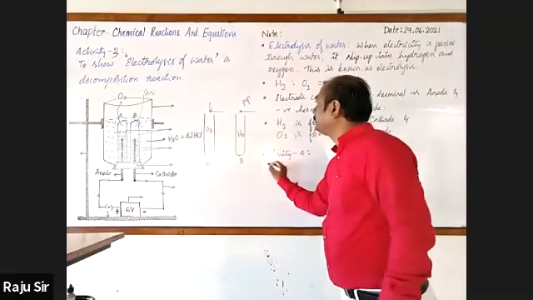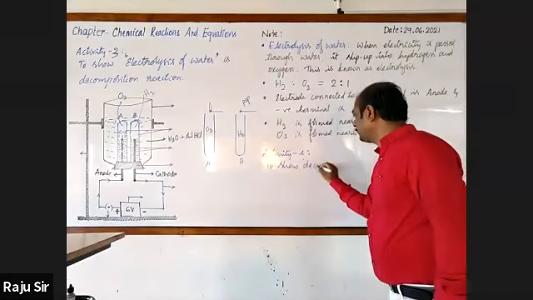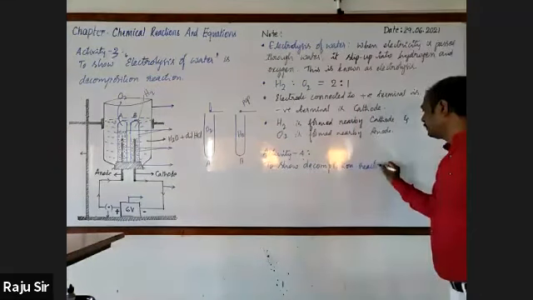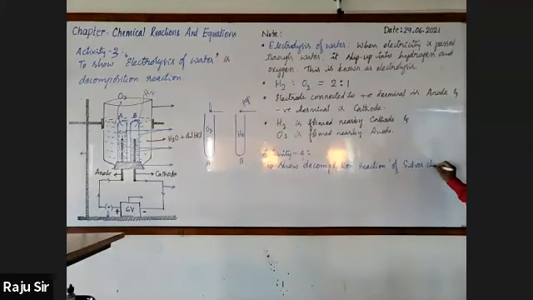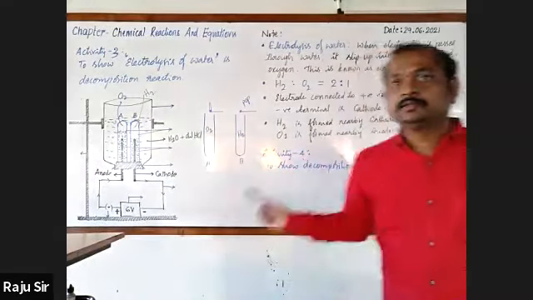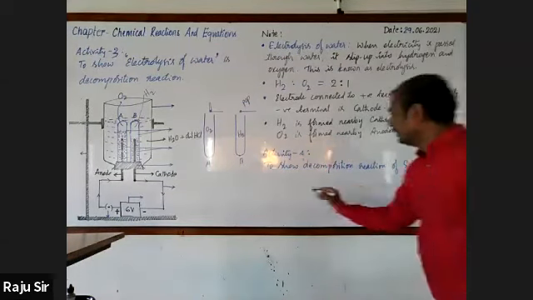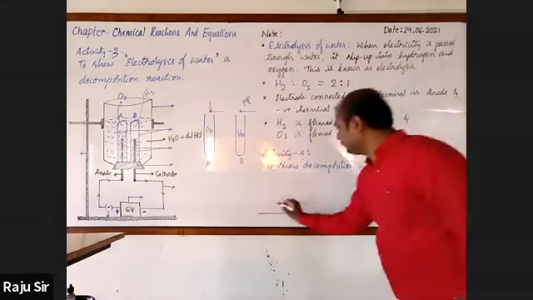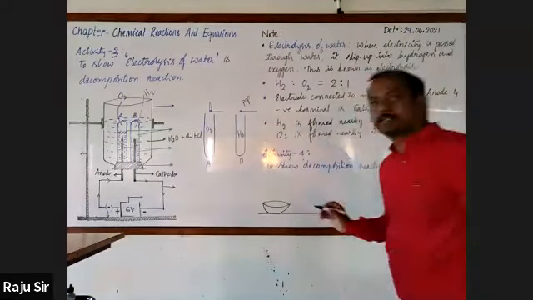To show the decomposition reaction of silver chloride, I won't give you the procedure. Just draw the figure and write the chemical equation. This is the experiment table and this is a china dish, or else you may take a watch glass also.